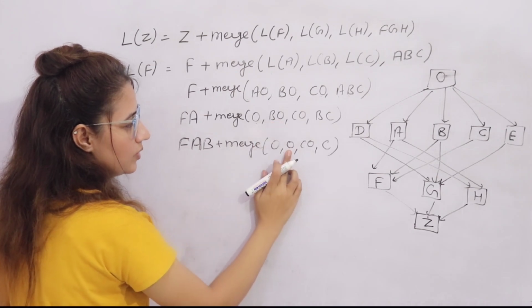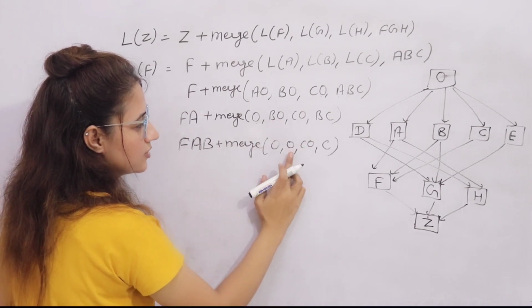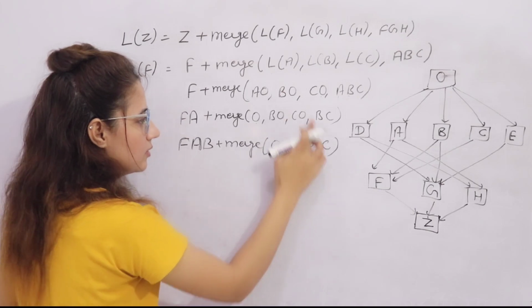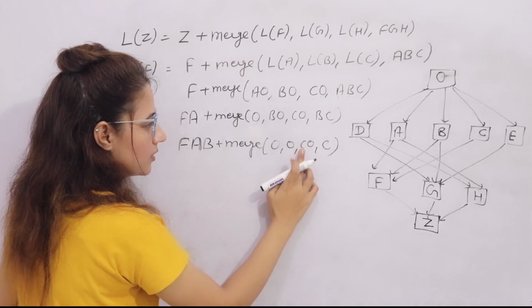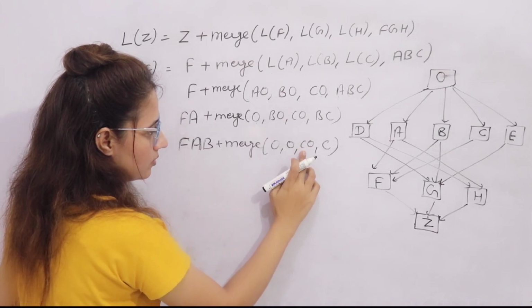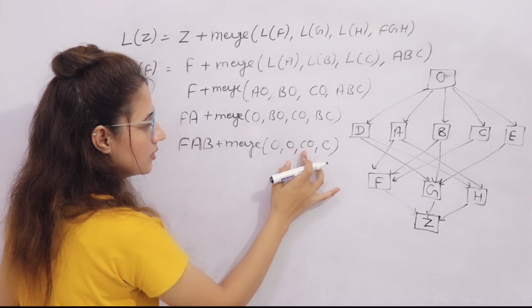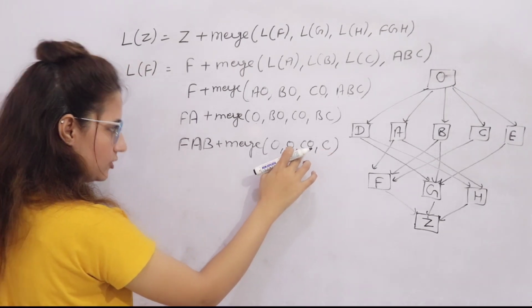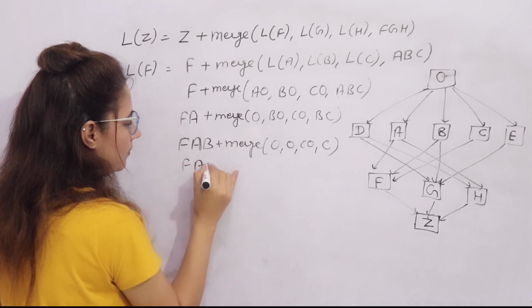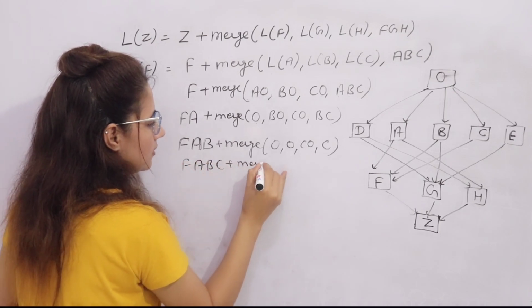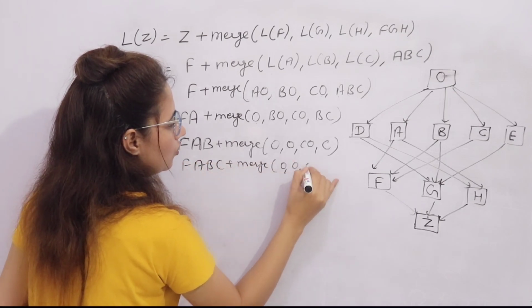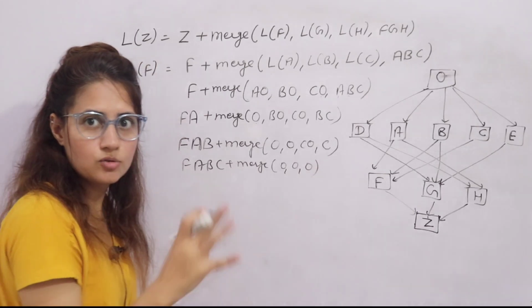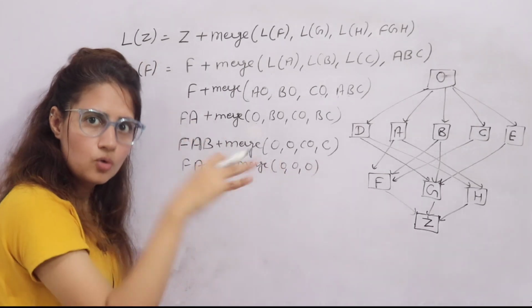Now next is O. Is it in the tail of another list? Yes, so it is not a good head. Move to the next list, C. Is C present in the tail of another list? No. So let's consider C a good head. So FABC plus merge OOO. And this is object, so that is why the merge of this O is O only.